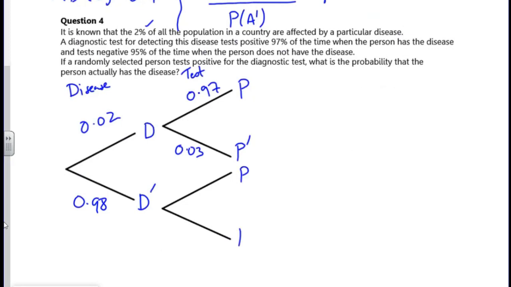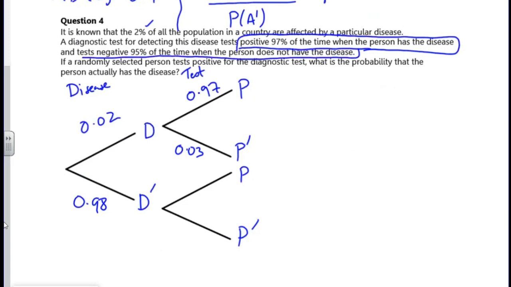And it tests negative 95% of the time when they don't have the disease. So that's going to be 0.95 down there. 0.05 there.